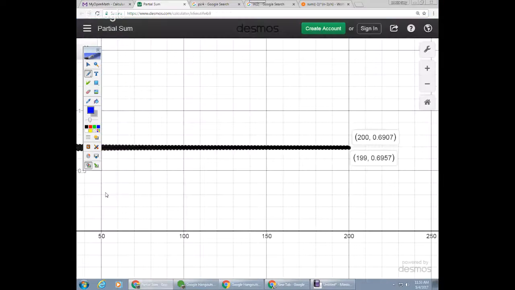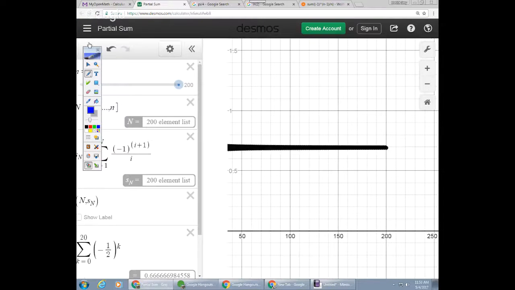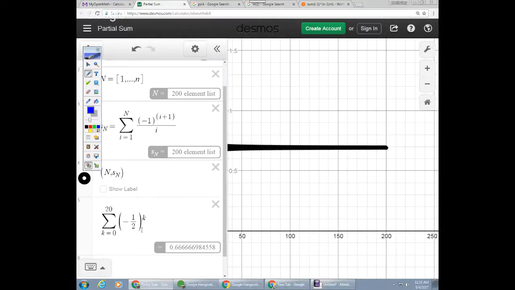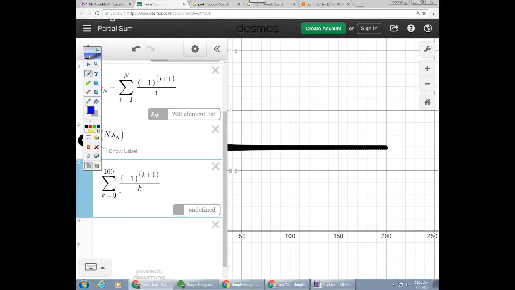Let's see what our partial sum calculator tells us here. That's the wrong series. It's (-1)^(k+1) divided by k. And where did I say I was going to go out to? 100? Oh, I started at 0, sorry.